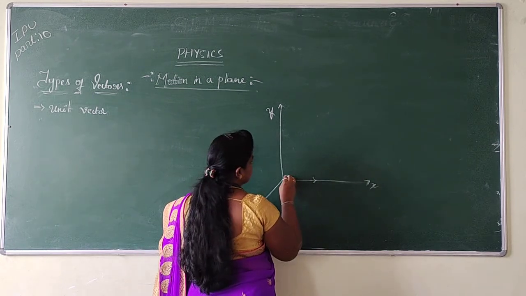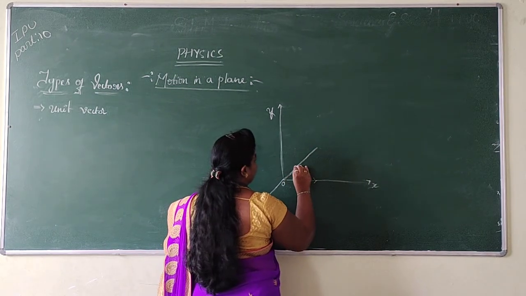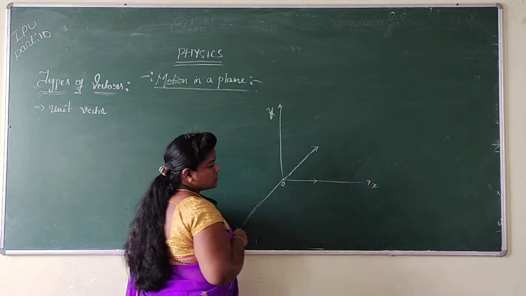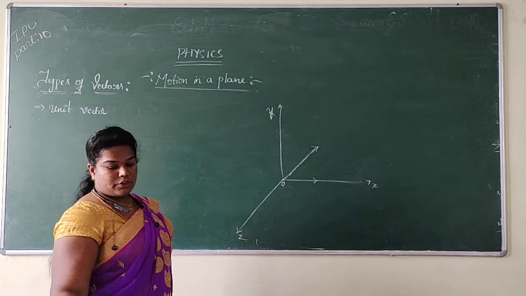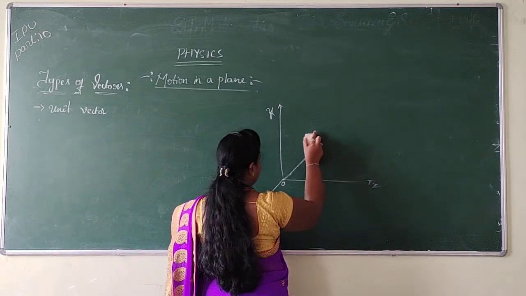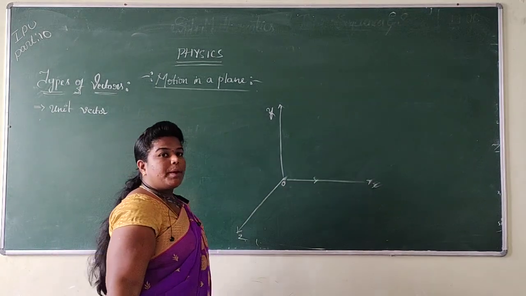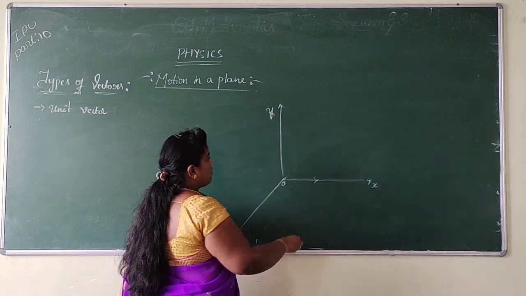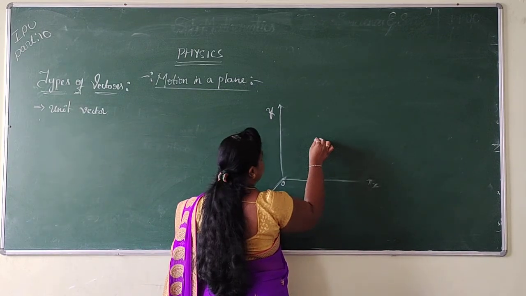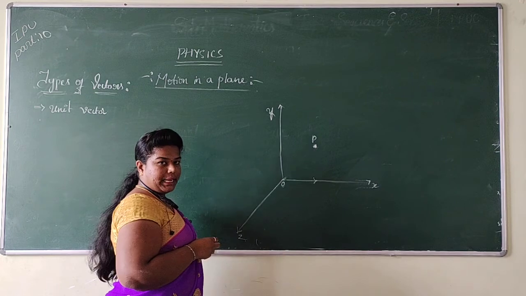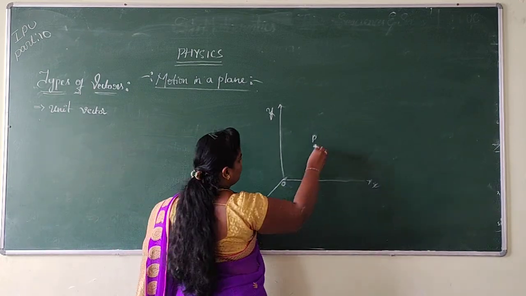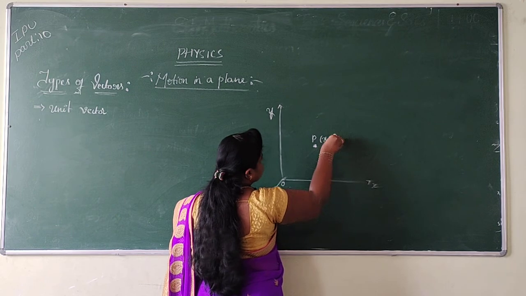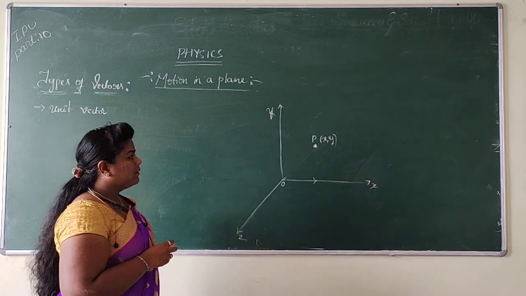Assume that an object is moving from one point to another point, so the position of that object in a plane, see that object was moving, right? So the object is moving. How to represent the position? Assume that the object is here, that is said to be point P. Then the position of this can be written with the help of mathematics, that is x comma y, right?